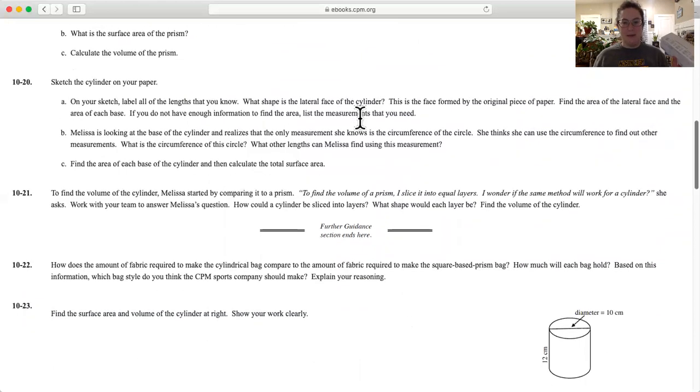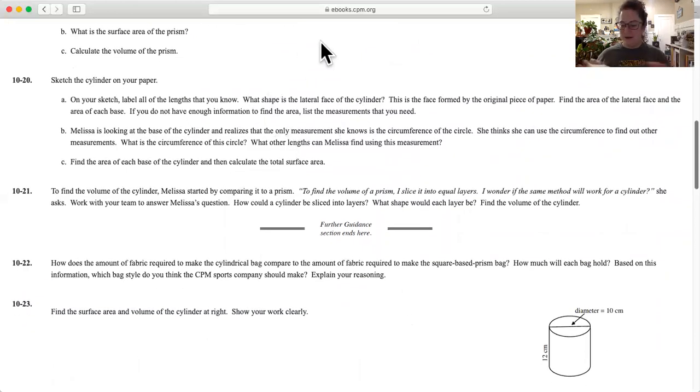Then you do the same thing with the cylinder. You sketch the cylinder, label all the lengths that you know, right? So if the circumference of the circle is 40 inches, then you have to figure out what would be your diameter or your radius in order to find the area of your circle.